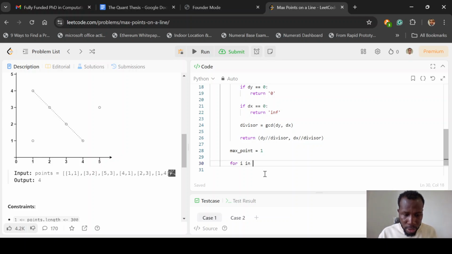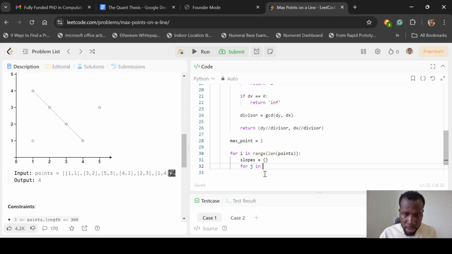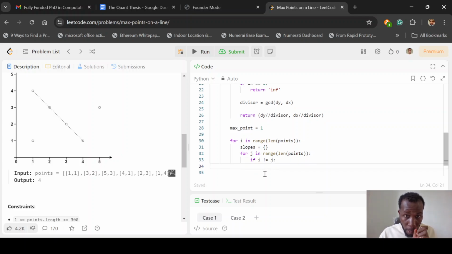So for i in range length of points, slopes, collection, for j in range length of points, if i is not equal to j, get slope is equal to get slope of points i, points j.